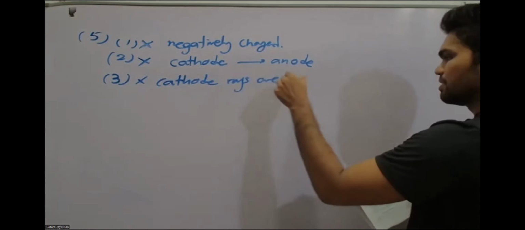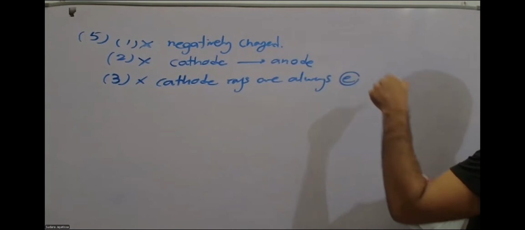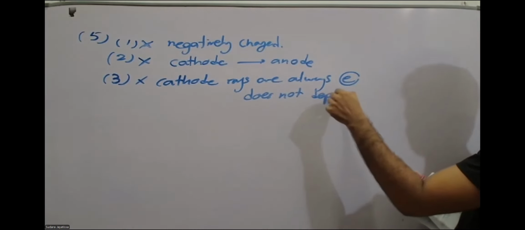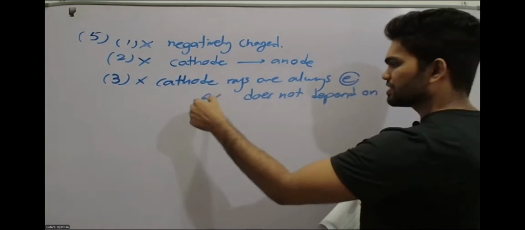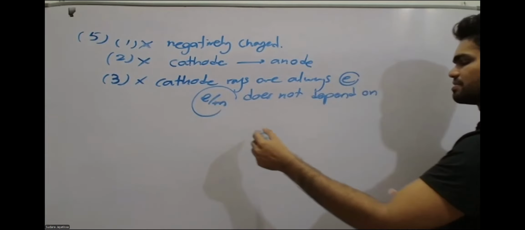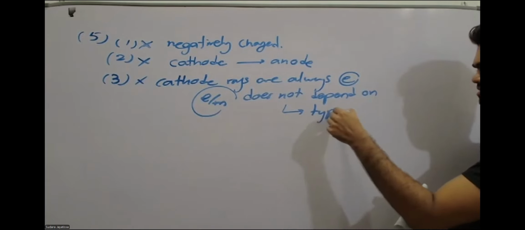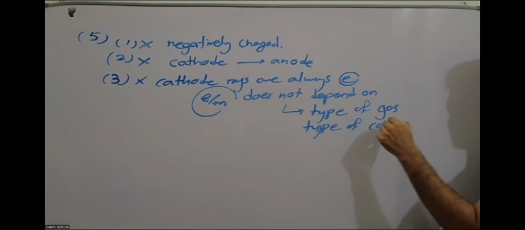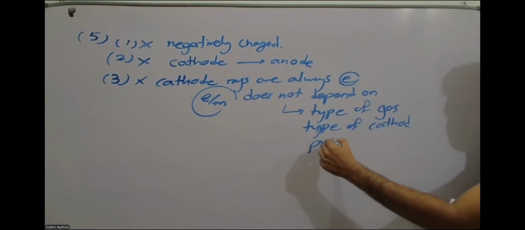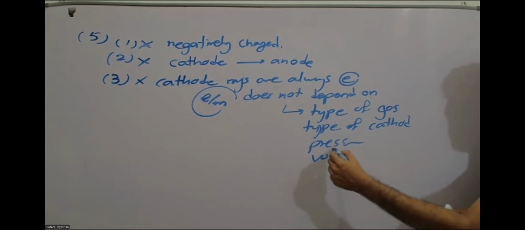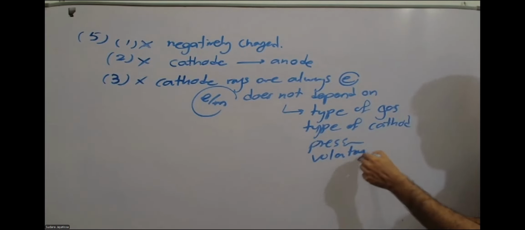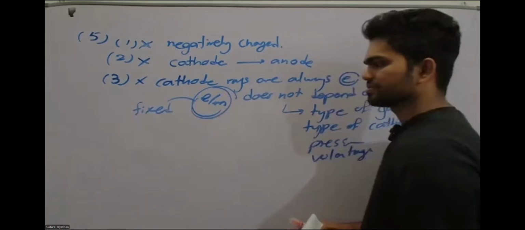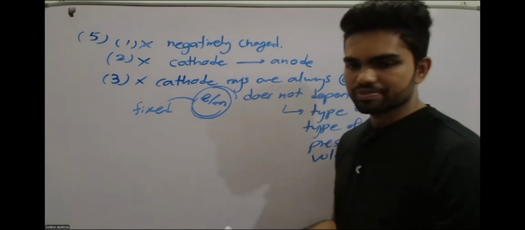So the e over m ratio does not depend on the type of gas, type of cathode, pressure, voltage, or anything else. Nothing is affecting the e over m ratio. This is a fixed, constant value. Understood? So the third one is also wrong.